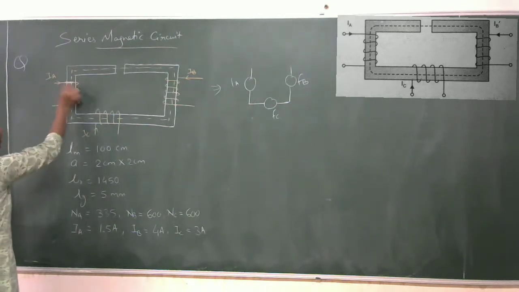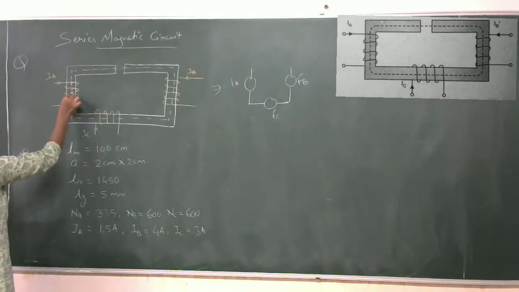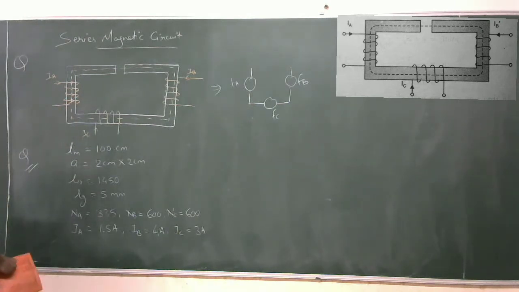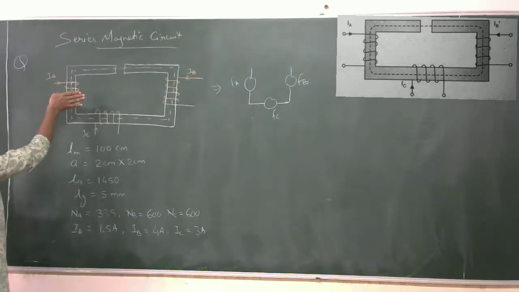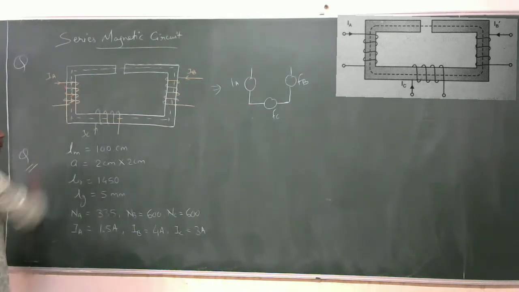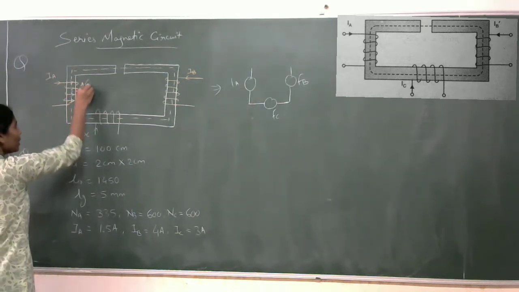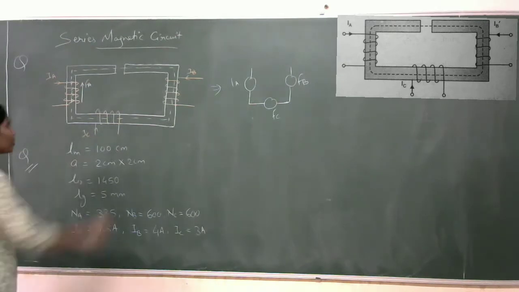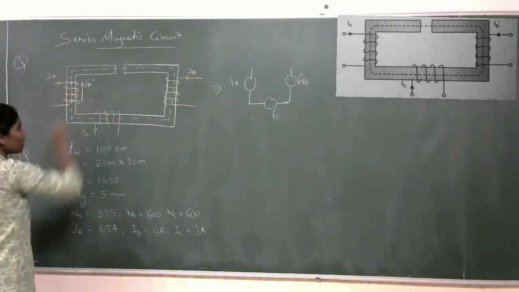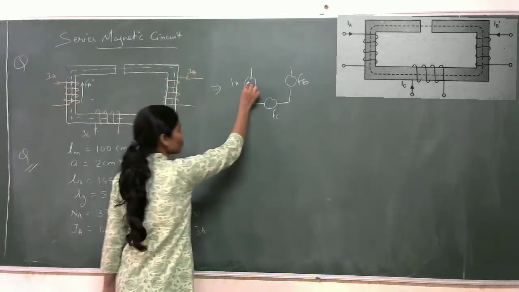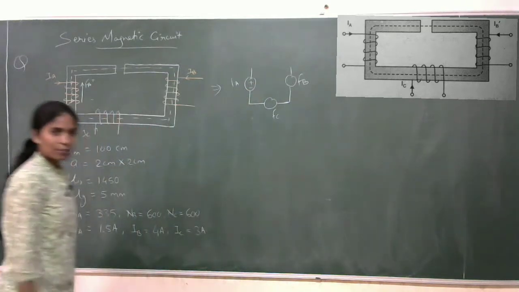So the direction of current is given, so according to that, this is the direction of current. Right? So if I place my right hand here, this is the direction for the current. So what is the direction for the magnetic field? It is upward. Right? According to the thumb direction. So this is the direction of FA. Okay, that means the upper can be taken as positive, lower as negative. So this is the polarity for this source.